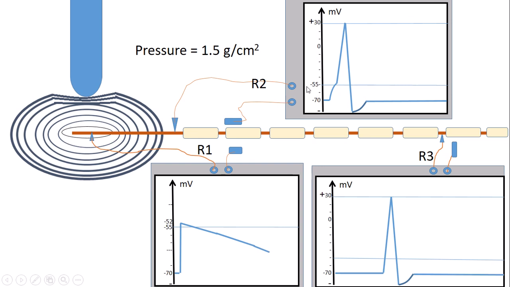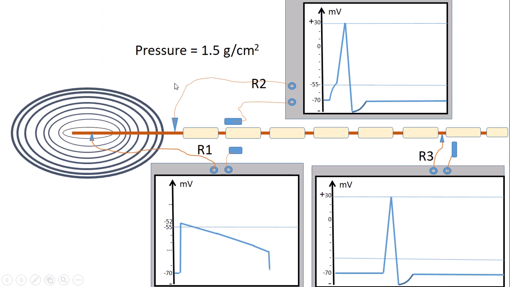I'll give you a second just to observe. So we have this wave here, it increases rapidly, then starts to decrease slowly. This one here on R2 starts as a small depolarization, then continues to the regular shape of an action potential that we know. And this is the action potential that we are accustomed to seeing.